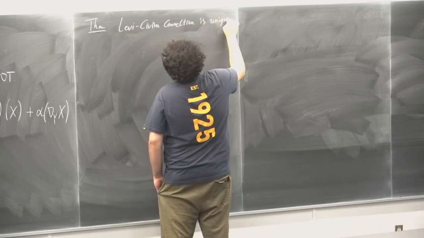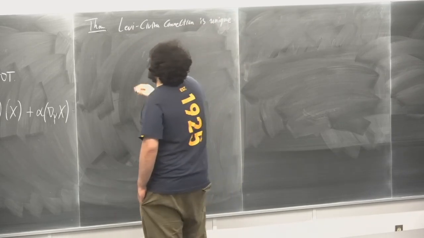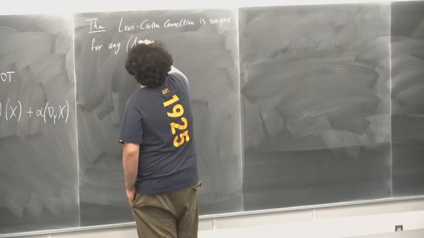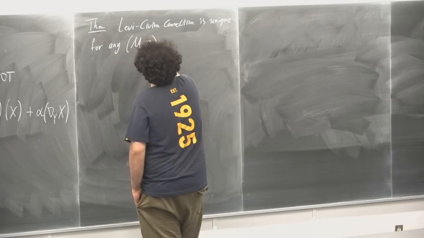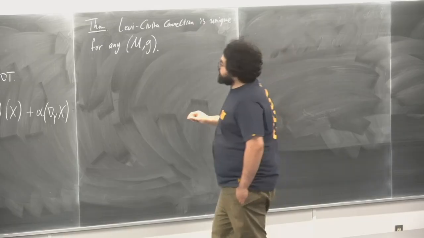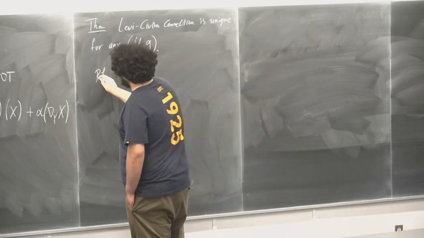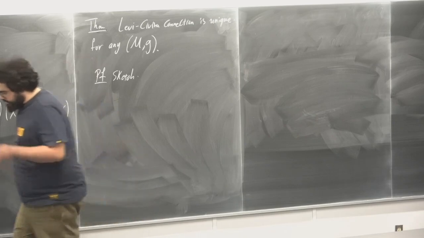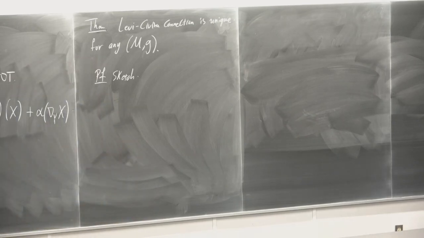Well, it exists, of course, and is unique for any Riemannian manifold. Okay. And I'll leave a proof sketch because we can get to the actual topics.